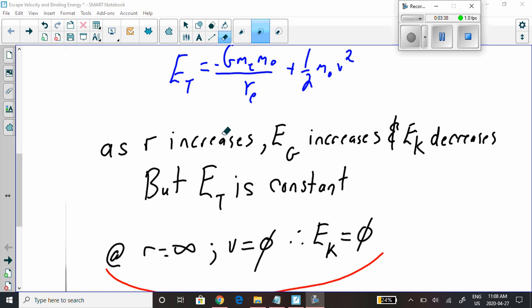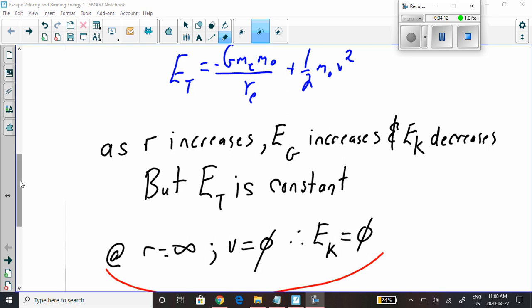So that means you're getting a bigger and bigger denominator, which makes this a smaller and smaller negative number. But being smaller negative actually means Eg is increasing. What I'm trying to tell you is that -1 is larger than -3. You have to continue that pattern along the number line: 5 is larger than 3, which is larger than -1, which is larger than -3.